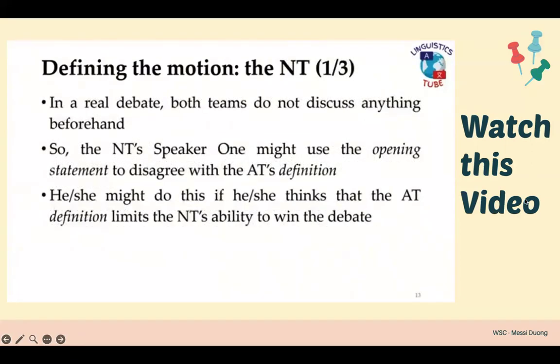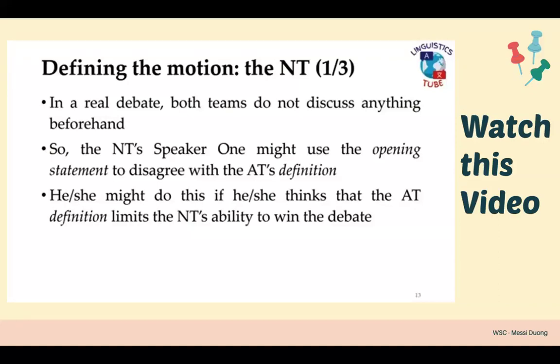So, the affirmative team are responsible for defining the motion in their opening statement. Therefore, what do the negative team do? Are they involved in the definition at all? Well, it depends on the level of preparation and cooperation of both debate teams. In a typical debate, both teams prepare separately, and so they do not discuss their viewpoints, arguments, and evidence before the actual debate itself.